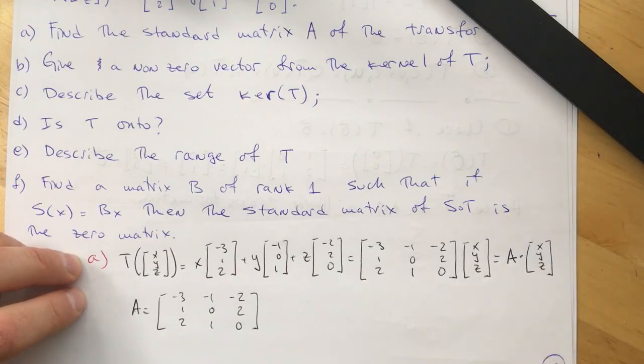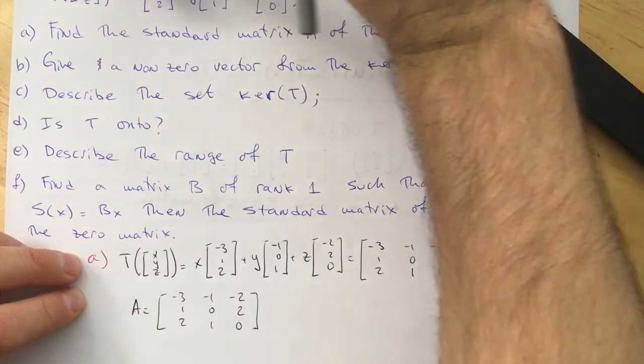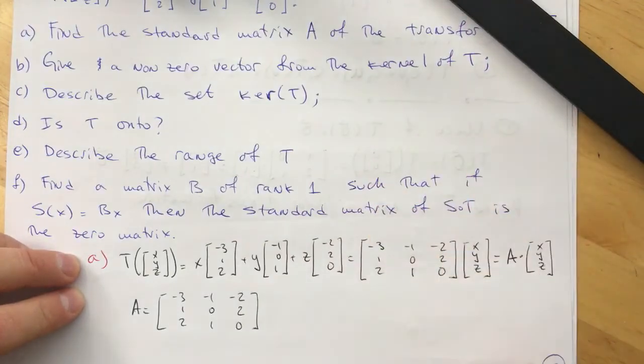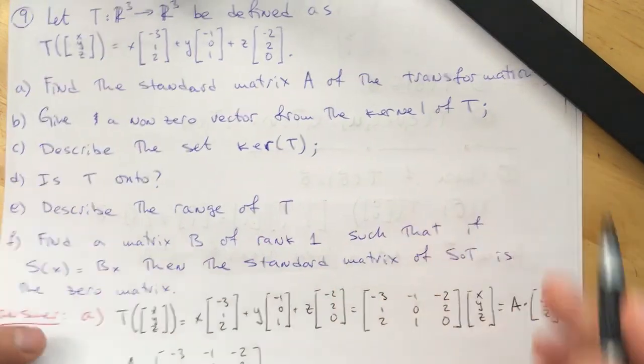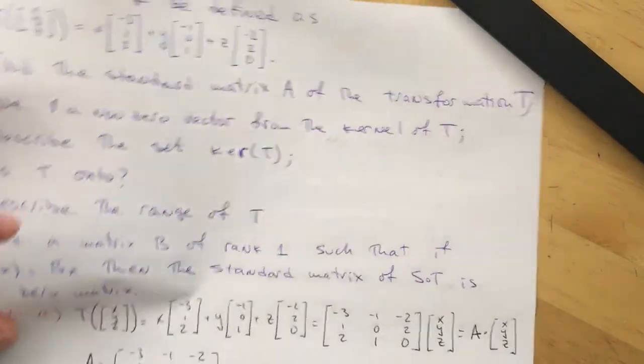Okay, now we have to find a non-zero vector that belongs to the kernel of T. So let us remind ourselves what the kernel of T is.